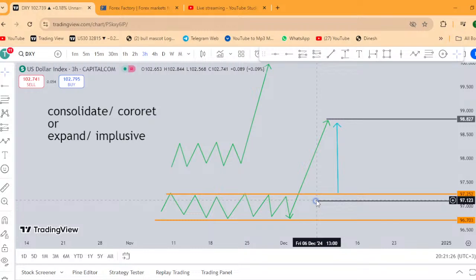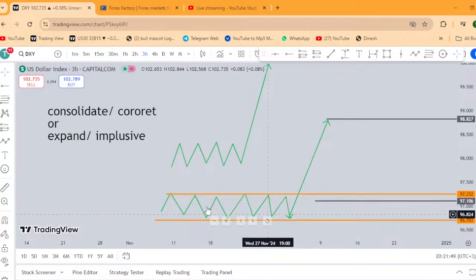So the only time I'm going to buy is when the market comes close to my stop loss, the nearest zone. That's when I'll put my entry.